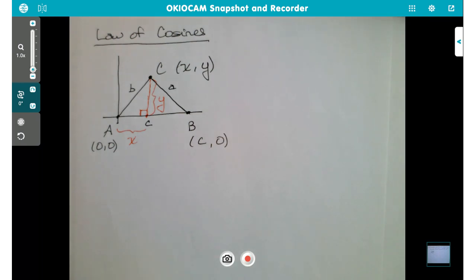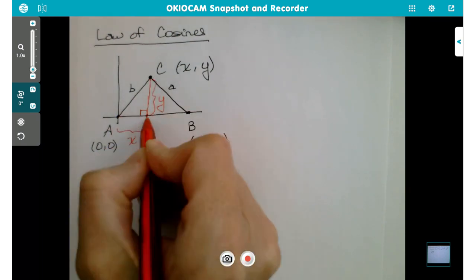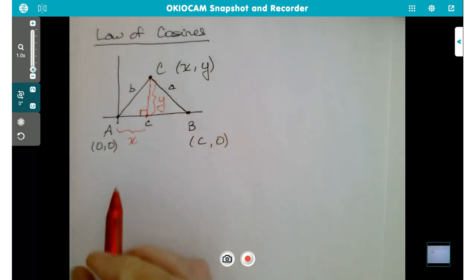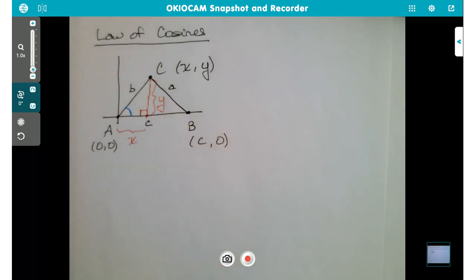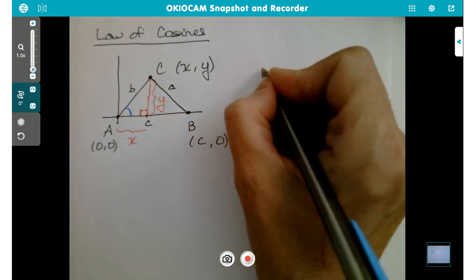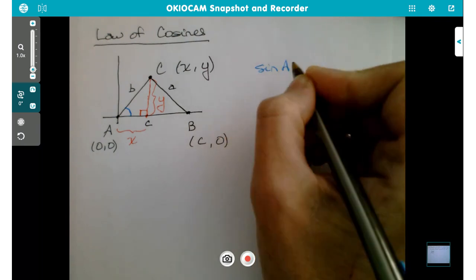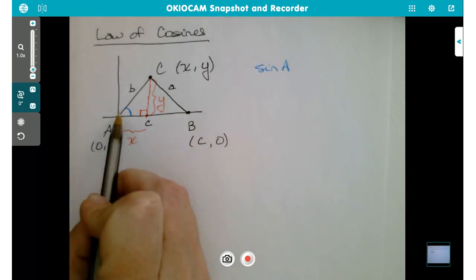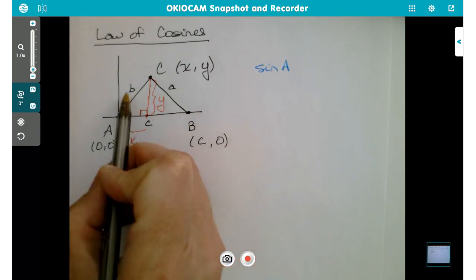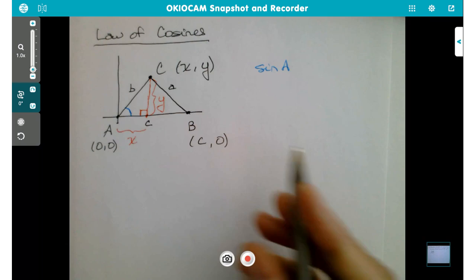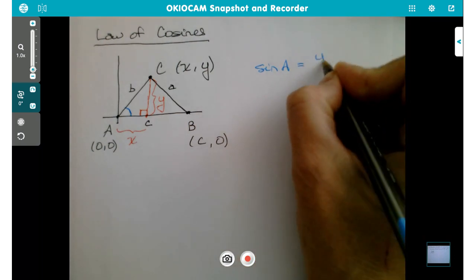Something else that happened when I put this altitude in is now I have a right triangle to the left of the altitude. So I can talk sines and cosines in that right triangle. We'll look at angle A down here at the origin. I could say the sine of angle A is its opposite side, which we're calling y, over its hypotenuse, which is side little b of that right triangle.